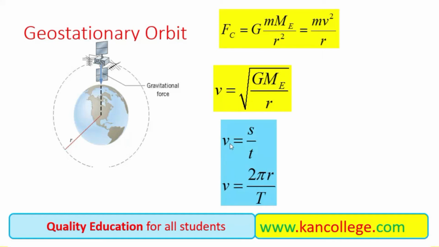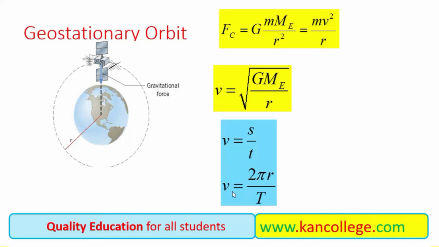And we know that velocity is always equal to distance over time. So the speed of an object can be achieved in an alternate way. The distance or the length of the circle covered by the geostationary satellite will be equal to 2 pi r.